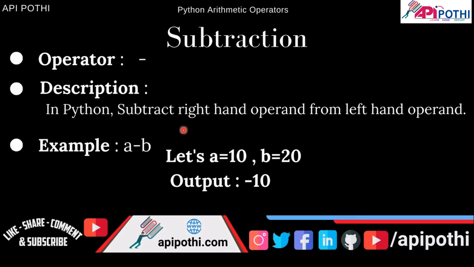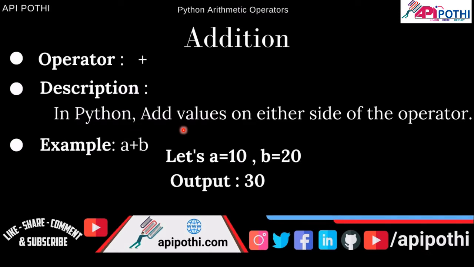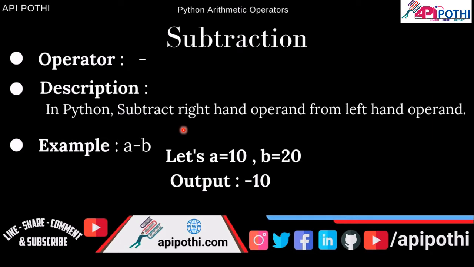In plus, we can say a plus b or b plus a, the output remains the same. But here, if we interchange, 10 minus 20 is minus 10, but 20 minus 10 equals 10. So here the operand side matters. That's the reason we subtract the right hand operand from the left hand operand.